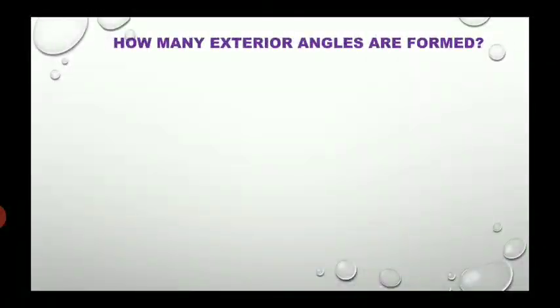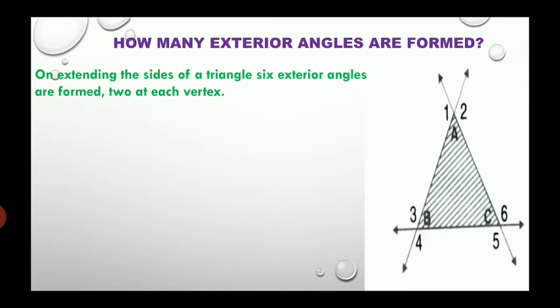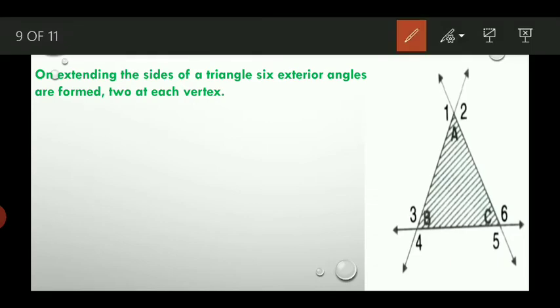How many exterior angles are formed in a triangle? On extending the sides of a triangle, 6 exterior angles are formed. Now if you extend this line, and again extend this line, and again extend this line, then at vertex A there are 2 exterior angles.